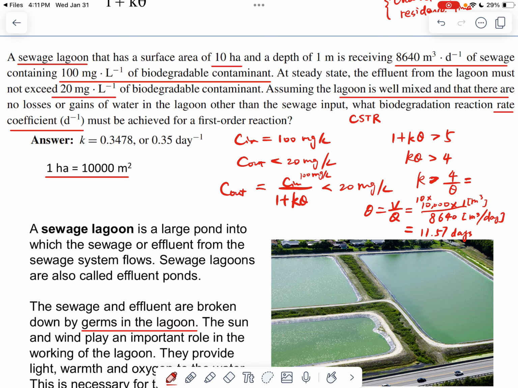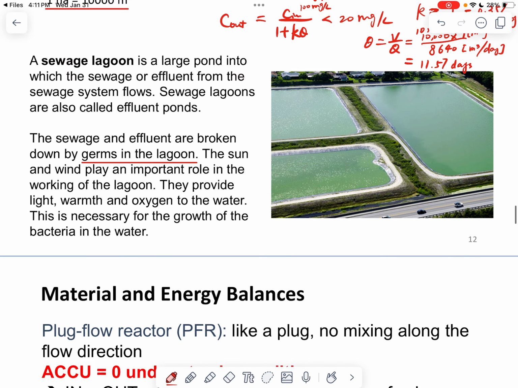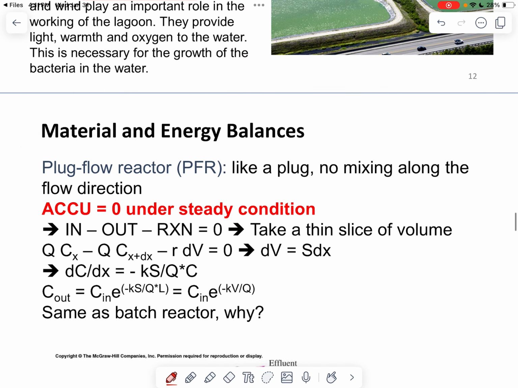And then because of that, K has to be larger than 0.35 per day, right? So this is how we can use this concept of the CSTR to solve for the reaction rate constant. Okay, so this is a CSTR.